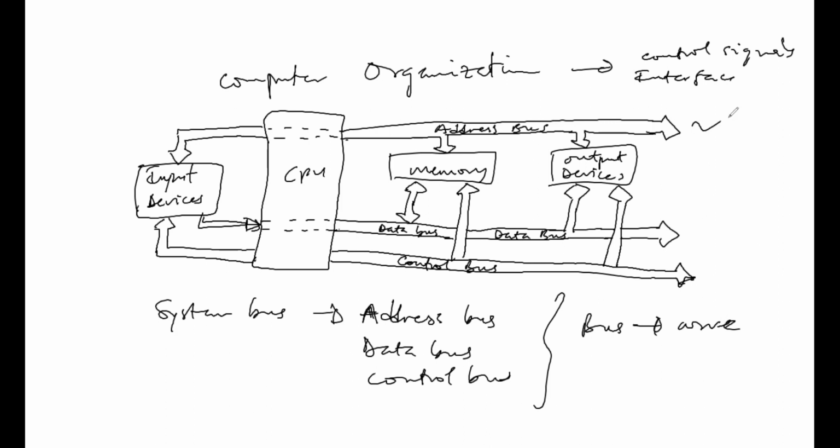The address bus is a unidirectional group of lines or wires used by the CPU to send out the address of the memory location to be accessed. Okay? So let's see the address bus.